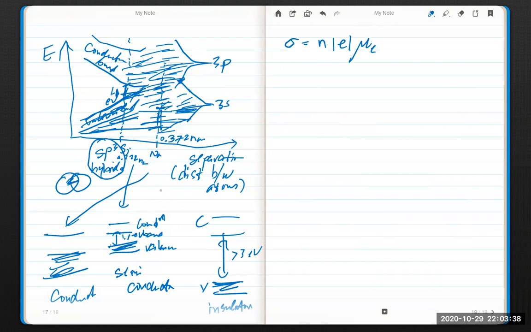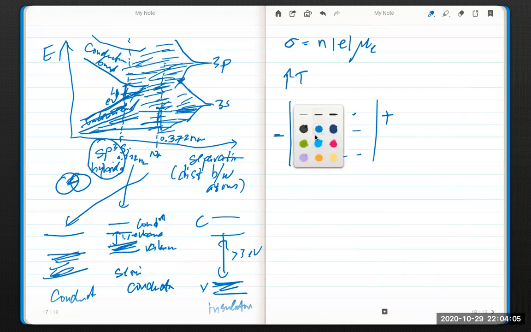In this case, for metals, if you have an electric field, a positive and negative there, and you've got all the nuclei over here, and the electrons are the sea of delocalized electrons, and you increase the electric field, then the electrons will try to go that way.